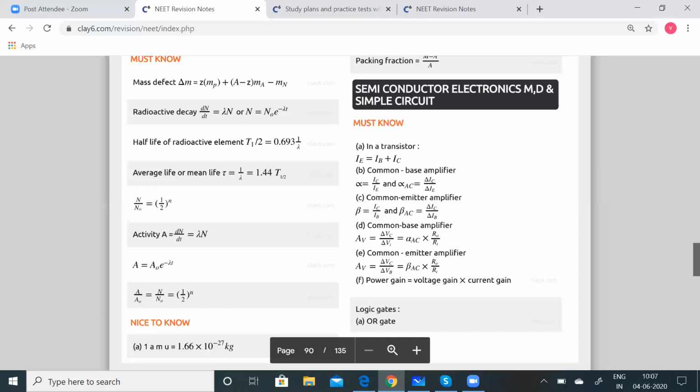In an intrinsic semiconductor, if you take Ne as the free electron density in the conduction band and Nh as the hole density in the valence band, and Ni is the intrinsic carrier concentration, then Ne is equal to Nh is equal to Ni. Okay, so that is the case for intrinsic semiconductors.